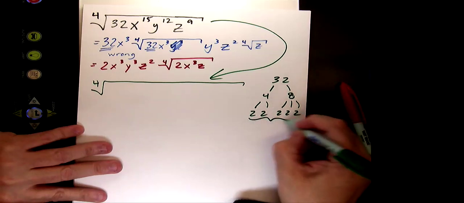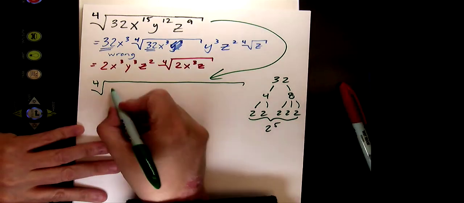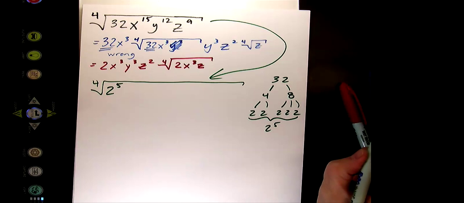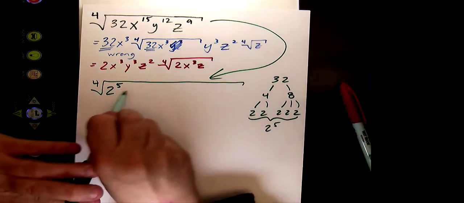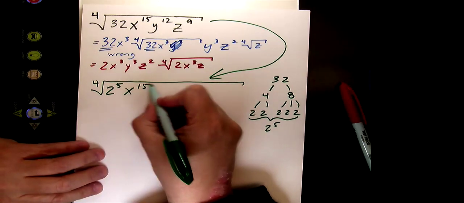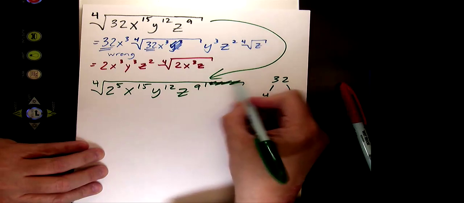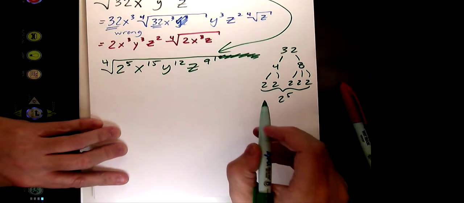So all that is 2 to the 5th power. And then I got the rest here. I guess I made my radical sign a little bit longer than I really needed to.